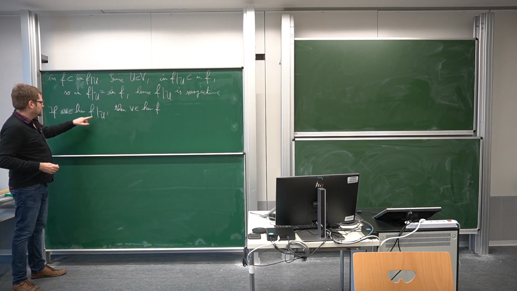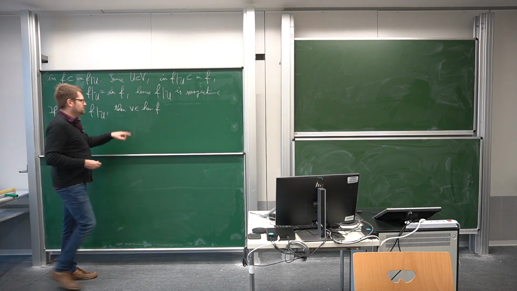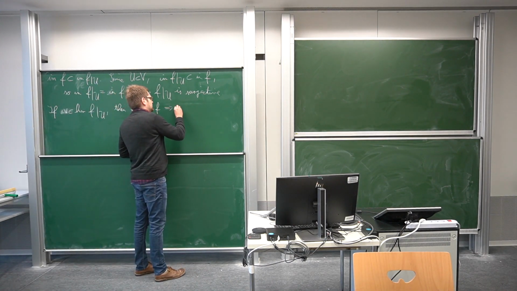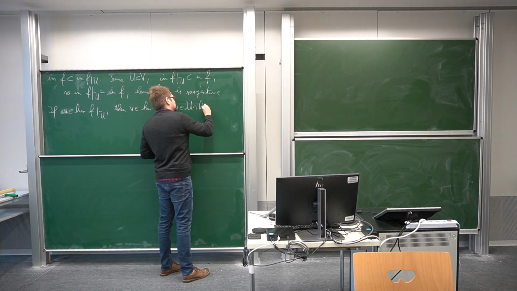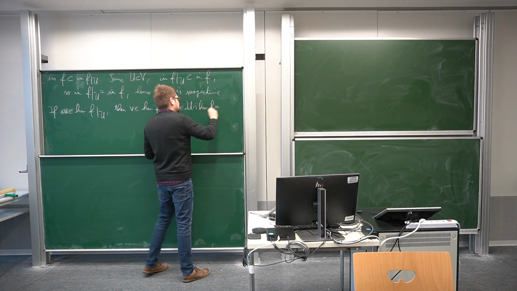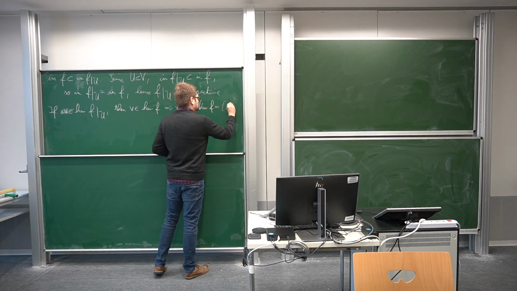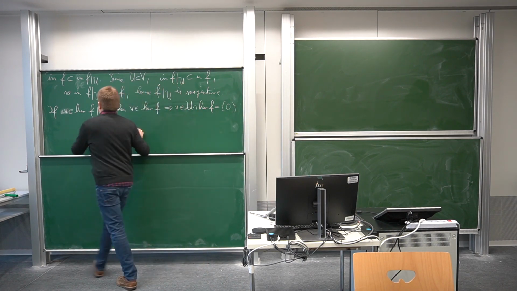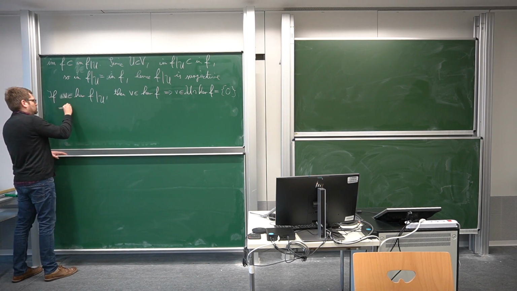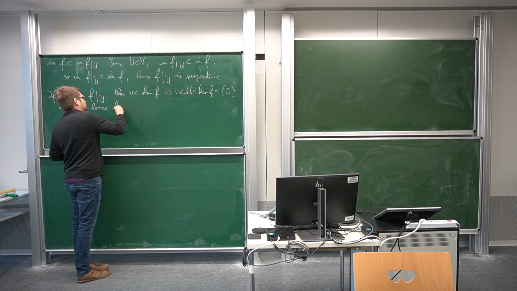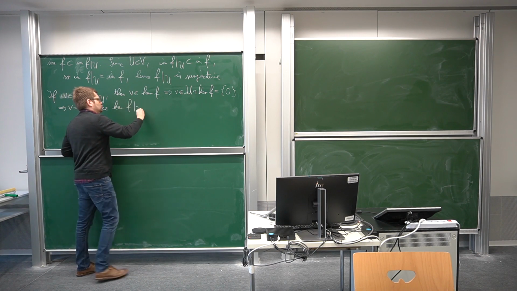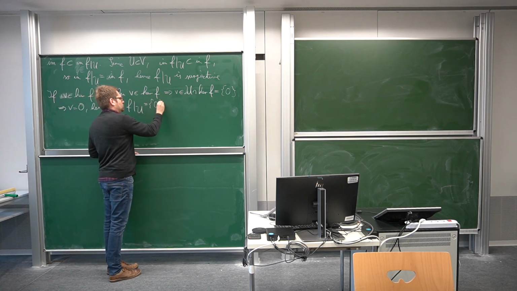But the restriction is defined only on the space U, so V is an element of U. This means V lies in U intersected with the kernel of F, but since U is a complement of the kernel, this intersection just contains 0. So V is equal to 0, hence the kernel of F restricted to U just consists of 0.